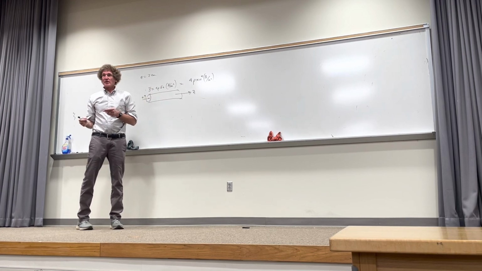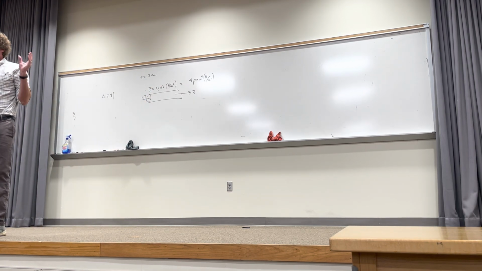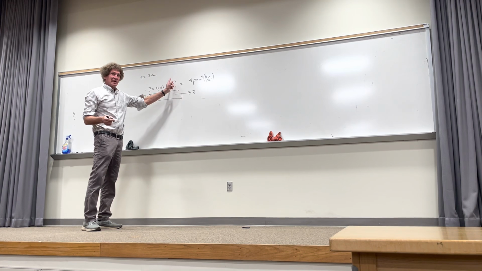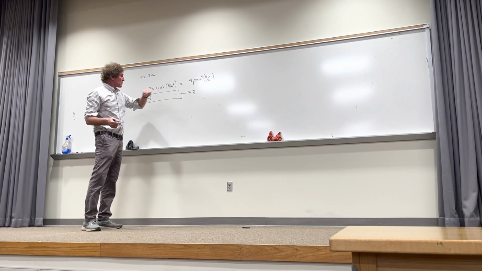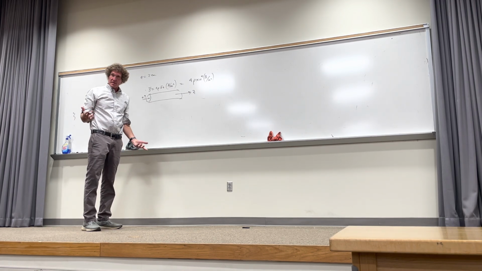A centimeter is 10 to the minus 2 meters. Did I do that right? I believe so. It would be 10 to the 4th, because a centimeter is 1/100th of a meter, and 1 over that squared would be 1/10,000, so it would be 10 to the 4th.